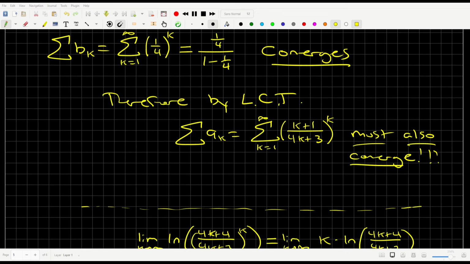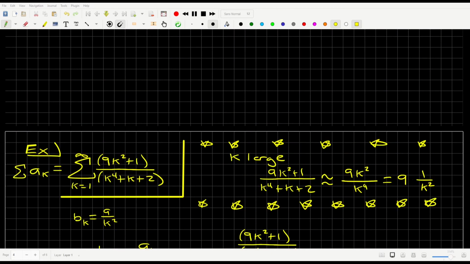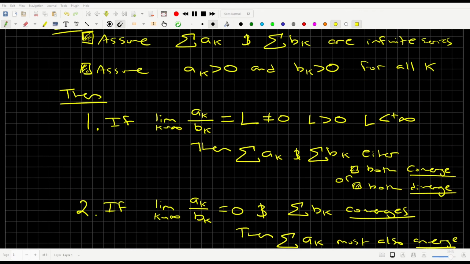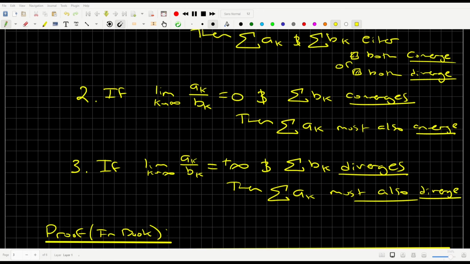So what I want to do is cover one final example, because like I mentioned before, the previous two examples are an application of the first result of the limit comparison test. And I don't think I'm going to have enough time in this lecture to do both 2 and 3 here, so I'm just going to go over an example of how you would apply the second part of this test, because 3 is similar as well.